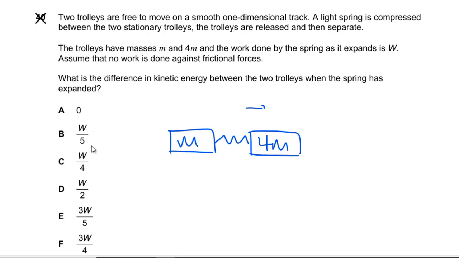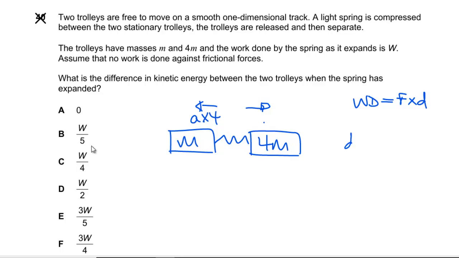Okay, so we've got the same force on each trolley. So the lighter one is going to be accelerating 4 times quicker than the heavier one. And so for work done, we want our force times our distance.